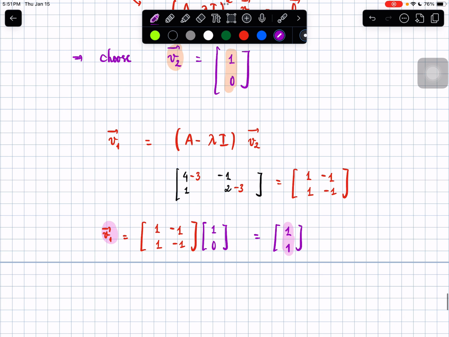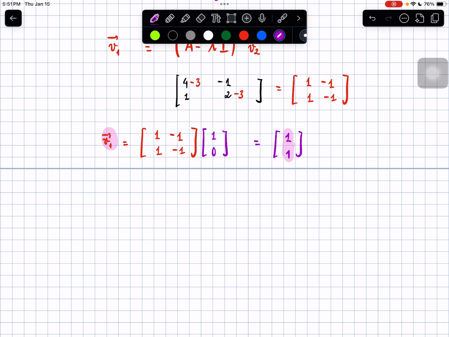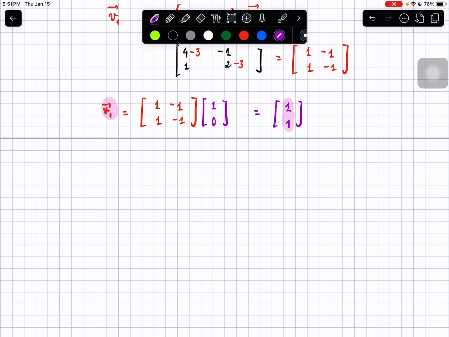Now we construct the two linearly independent solutions.